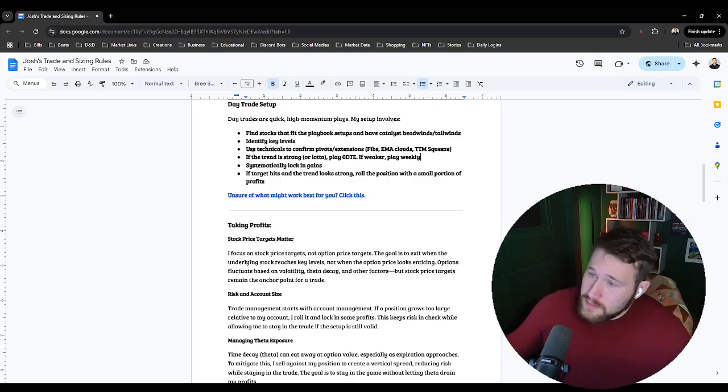Systematically locking gains, same, always systematically, always taking profits when you have profits. Keep in mind, let's say you swing a position and it's up dramatically. What I love to tell new traders is, if it's good enough to screenshot, it's good enough to take profits, just close it out. Roll with a small portion of your profits immediately.